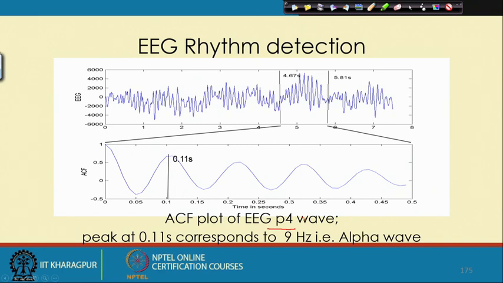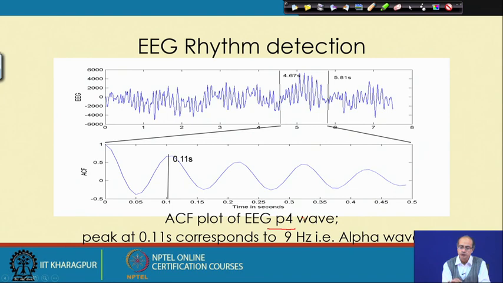Now, we would like to know whether the alpha wave is actually present throughout this recording of 8 seconds, or only in this portion. We are asking this question because we are not experts, or we want to devise an algorithm to have an objective estimate of it.